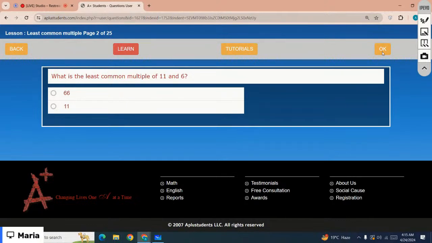You don't have to factor 11, right? Simply multiply 11 times 6 and the correct option is 66, right?